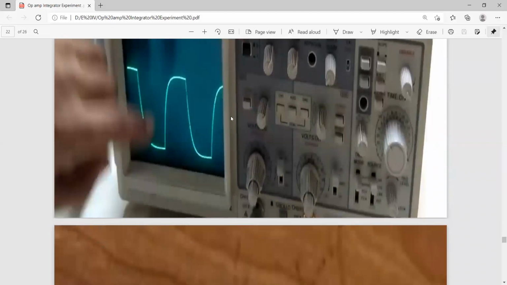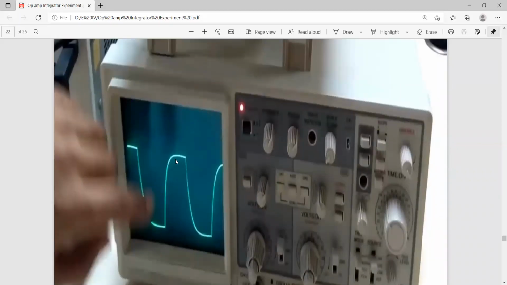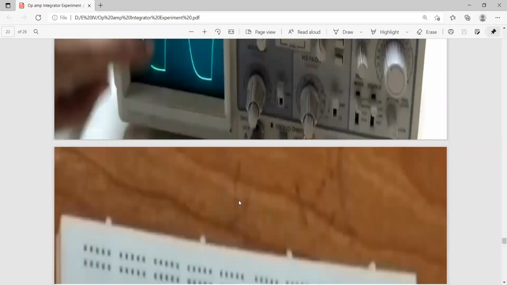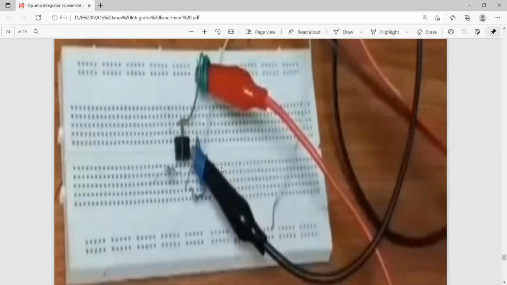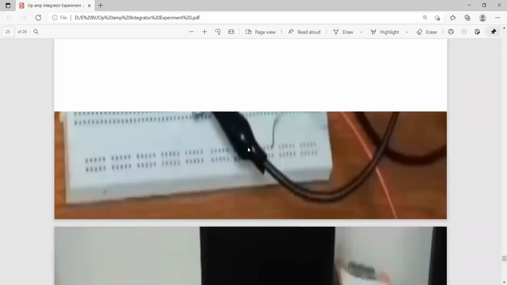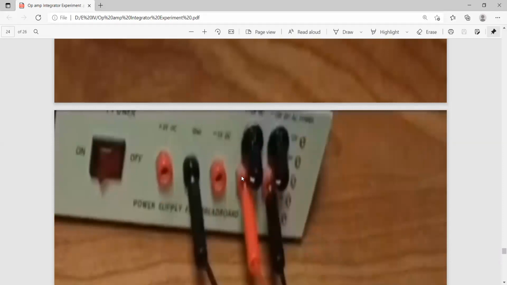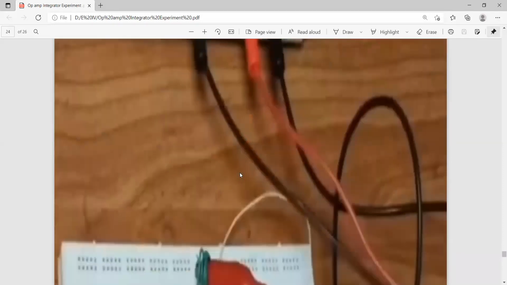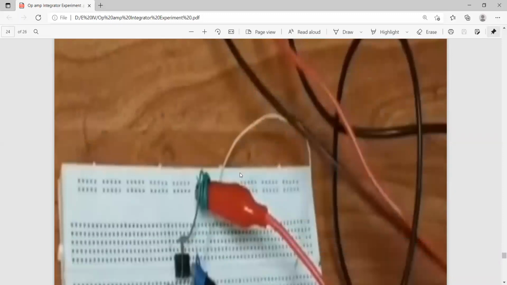For the lower and lower frequency ranges, the shape is appearing like this. So this is the shape of your integrator circuit diagram. So here are the connections to the power supply, because a dual voltage power supply is required whenever you are using a 741 op amp.